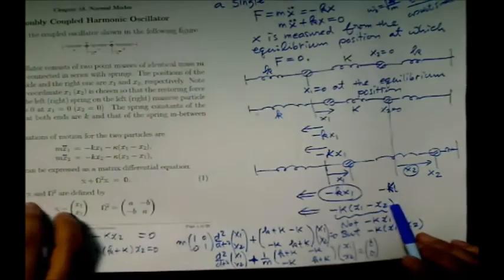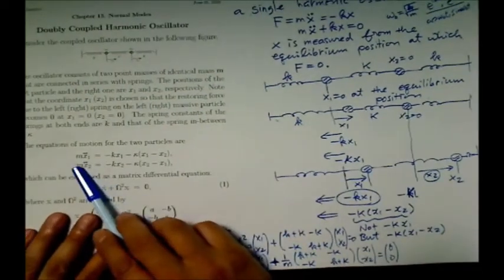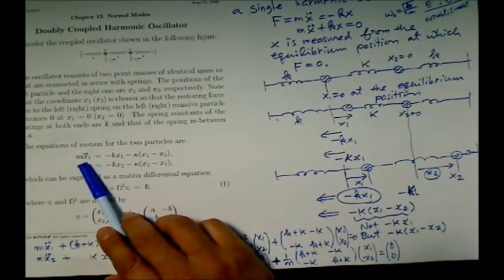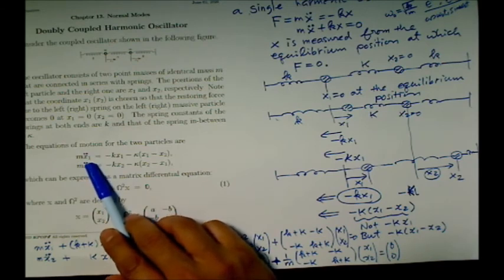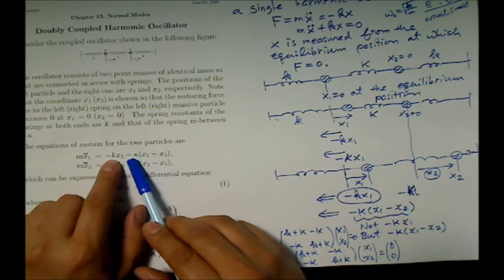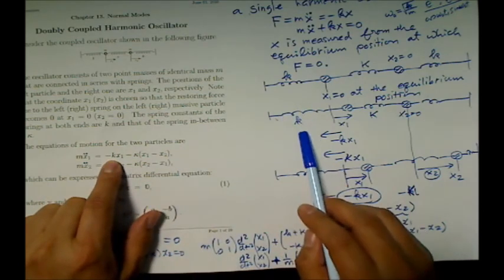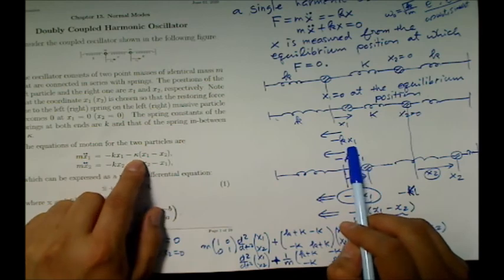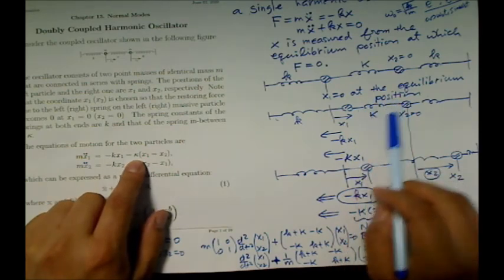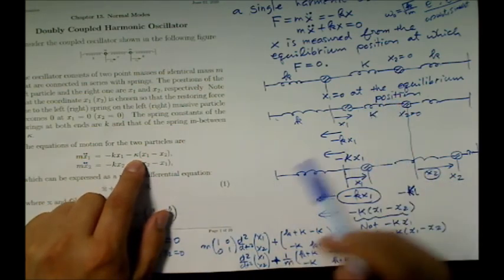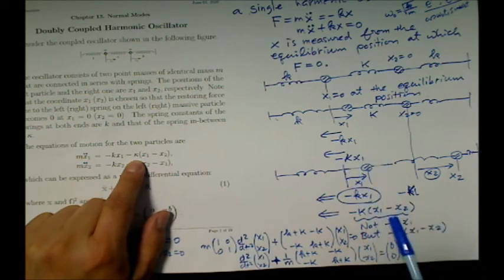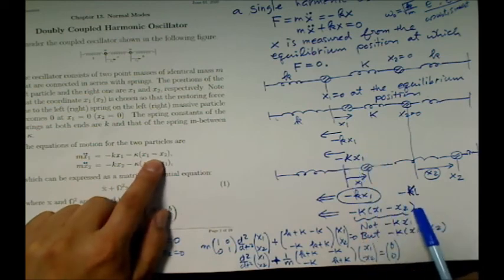Therefore, the equation of motion for the left massive particle is mass times acceleration, and the force from the left spring is minus kx1, and the force coming from the right spring is minus kappa times x1 minus x2.